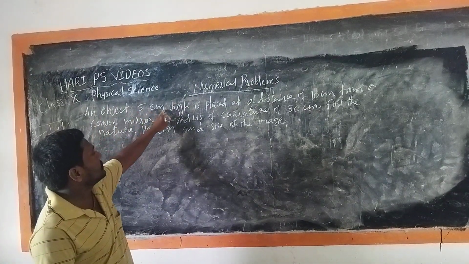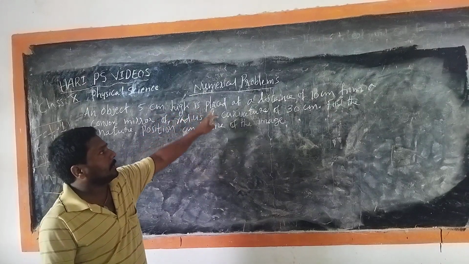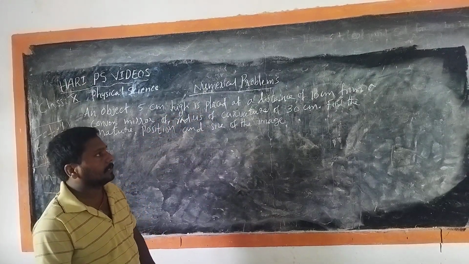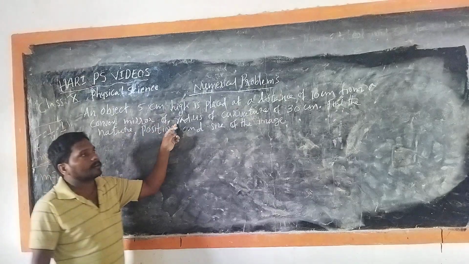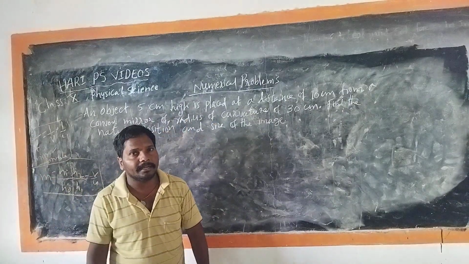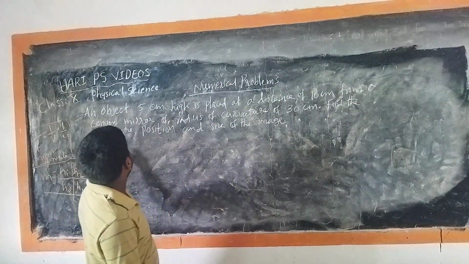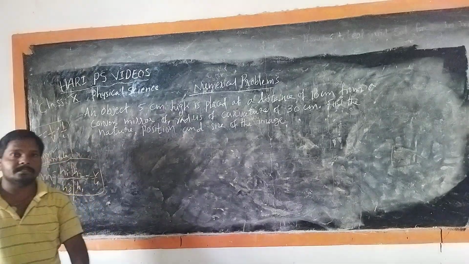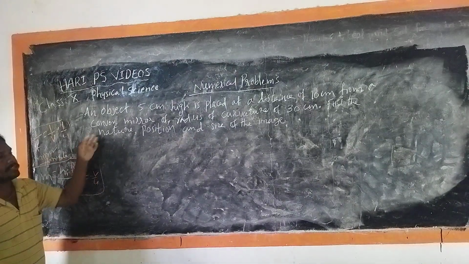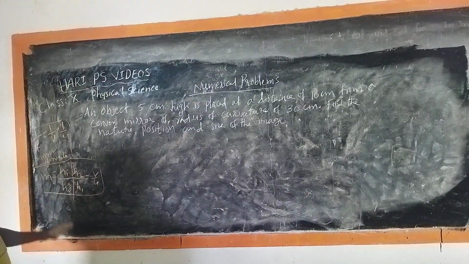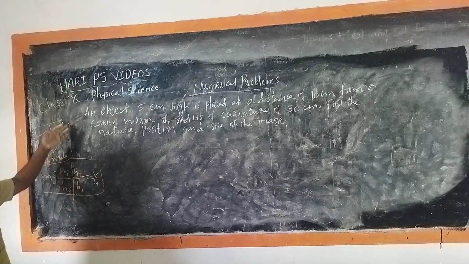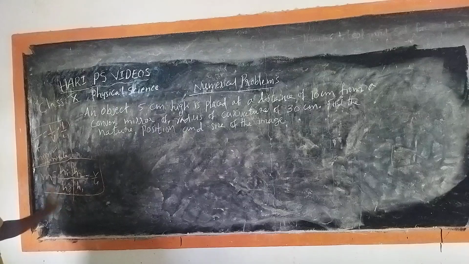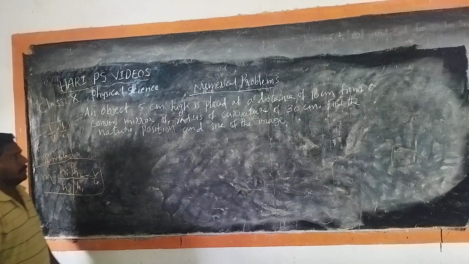An object 5 cm high is placed at a distance of 10 cm from a convex mirror of radius of curvature of 30 cm. Find the nature, position and size of the image. For convex mirror and concave mirror, whatever, the mirror formula is 1 by f equal to 1 by v plus 1 by u. Magnification formula doesn't change either.